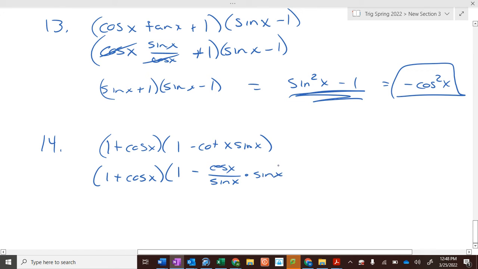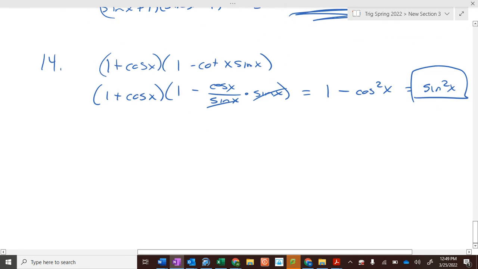So cosine over sine. Those cancel. 1 plus cosine times 1 minus cosine is 1 minus cosine squared of x. Because if you do the outers and the inners, they're going to cancel because they're conjugates. Okay, what's 1 minus cosine squared equal to? Sine squared, a positive sine squared of x. Okay, we doing good with this?